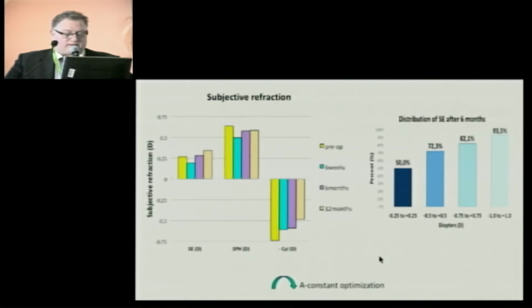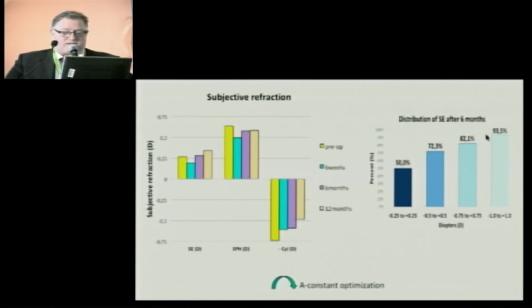If we look at the, I guess this is the refraction, and the subtractive refraction, and we could see that there's still some room for improvement, because they became slightly hyperopic in this. And we have to optimize the A constant, but we didn't have that when we started with the study.